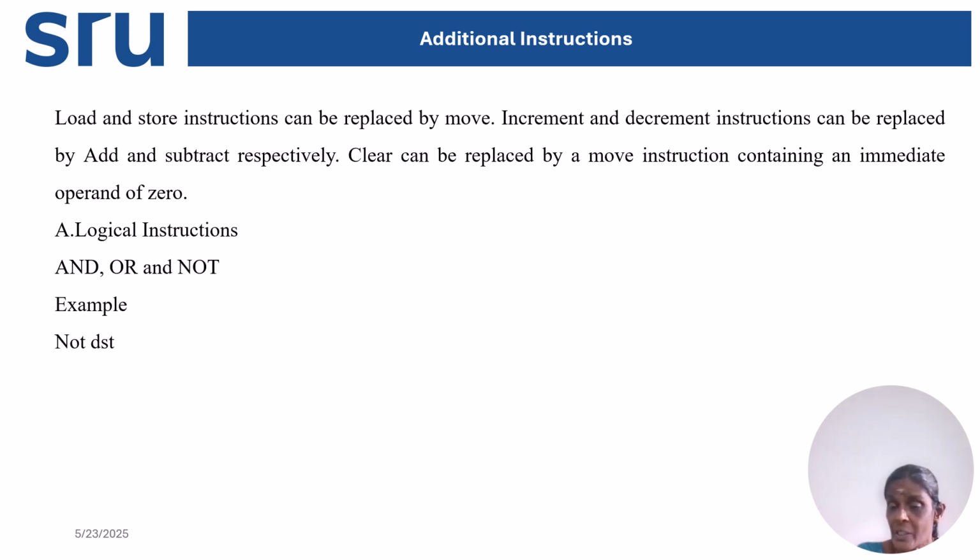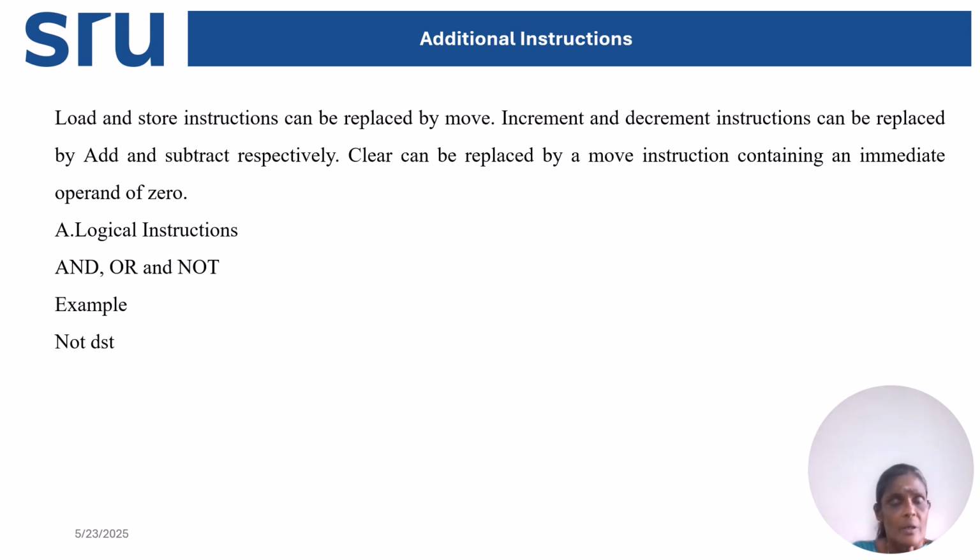I mean, if you are initiating the arithmetic logic operation, then you have to start with 0. So that 0 will be given by clear. Otherwise, add 0. You can use the add instruction also. So clear can be replaced by moving or copying an instruction containing an immediate operand of 0.